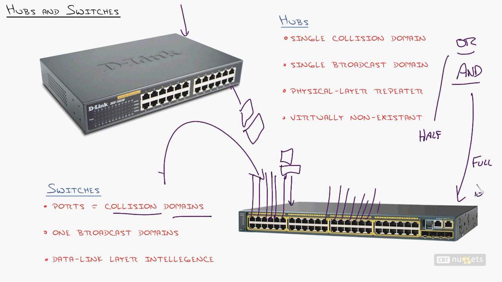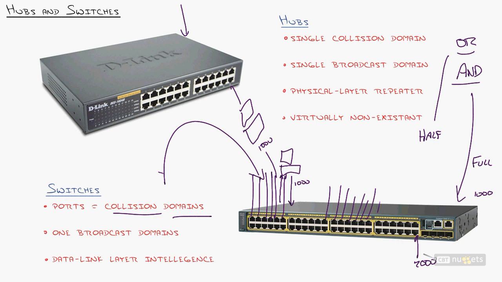Let's say this is a gigabit switch. That would be 1,000 megabits per second while it's receiving the full 1,000 megabits per second. So you could make the argument that every port can actually do 2,000 megabits per second, or 2 gigabits per second, because you can send 1,000 and receive 1,000 at the same time. But people don't usually think of it that way. It's just not how the Ethernet standard is written.